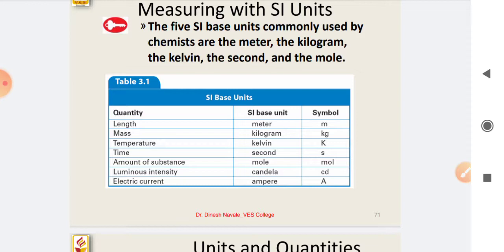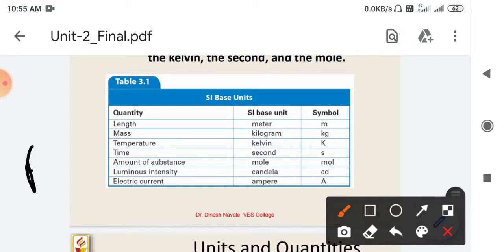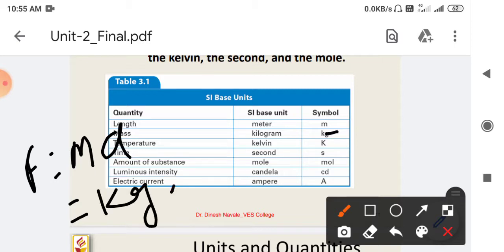For example, Newton is the unit of force. How can we obtain force? Force can be obtained as mass into acceleration. Mass is given in kg, and acceleration is in meter per second squared, so this is the unit of acceleration.